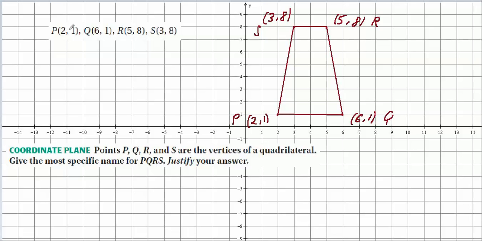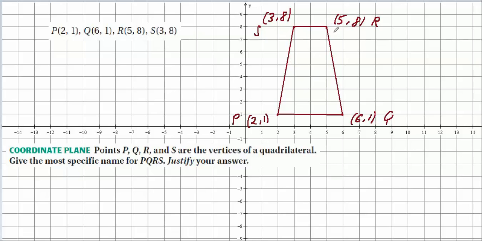Here we're given points. We're asked to graph these points, connect the dots, and form a quadrilateral. And the question is, exactly what kind of quadrilateral do we have here? Well, I would say it looks like an isosceles trapezoid.